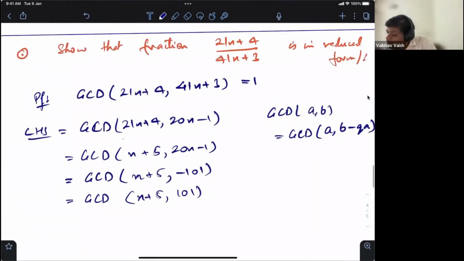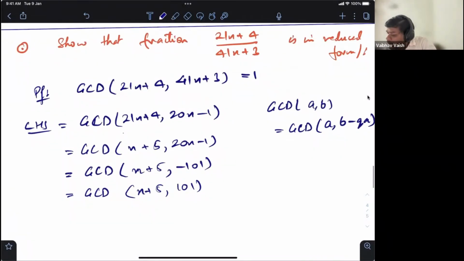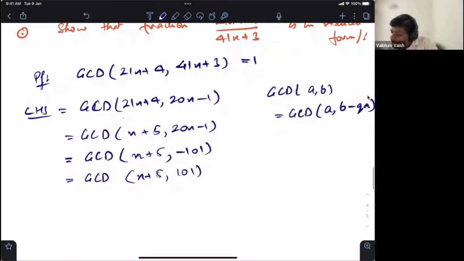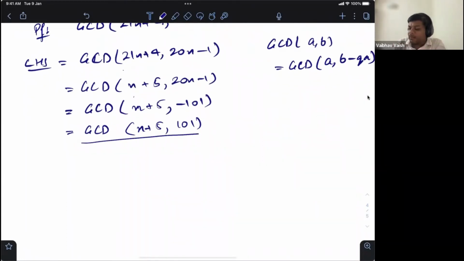Is that correct? Did I make a mistake anywhere? I hope not. When I subtract this, I get 20n minus 1; when I subtract this, I get n plus 5; and when I subtract 20 times this, I get 101. So what are the possibilities for this? Anyone?